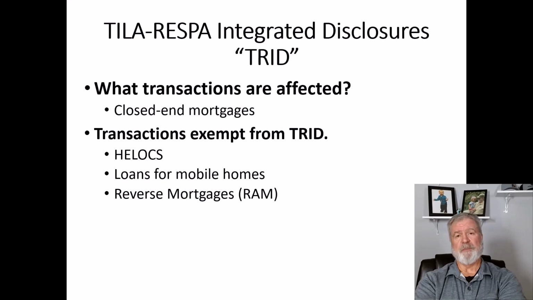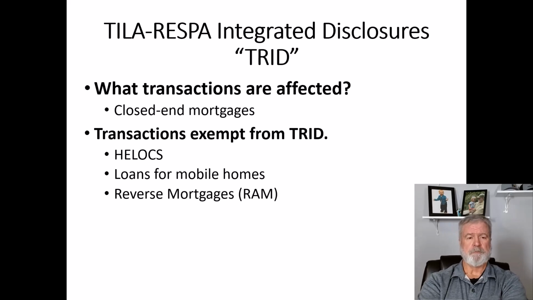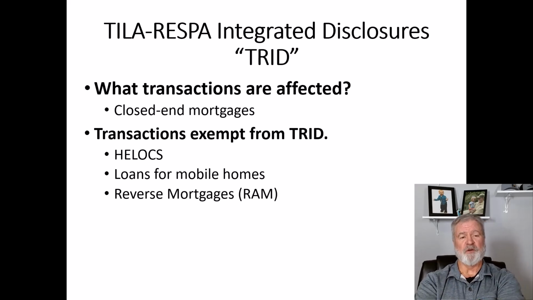Y'all, honestly, in my opinion, I can't think of another loan that should require more disclosures than this one. If you don't remember the RAM, or reverse annuity, you might want to go back and review that. That's the one where you have to be at least 62 years of age, and you can borrow money basically against your home, and you do not have to pay it back as long as you're living in the home.